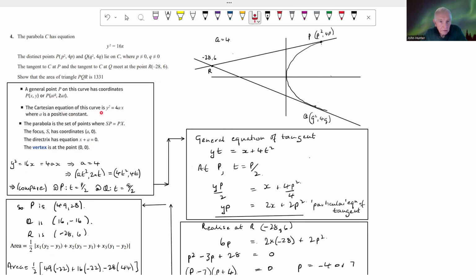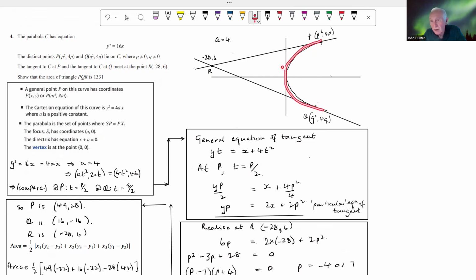The Cartesian equation of this curve is that, where a is a positive constant, and the parabola is the set of points where, as I said before, a point on the curve is the same distance from the focus as the directrix, and the vertex is also at 0, 0. And in all these problems, incidentally, we tend to deal with curves that are lying on their side, like this.